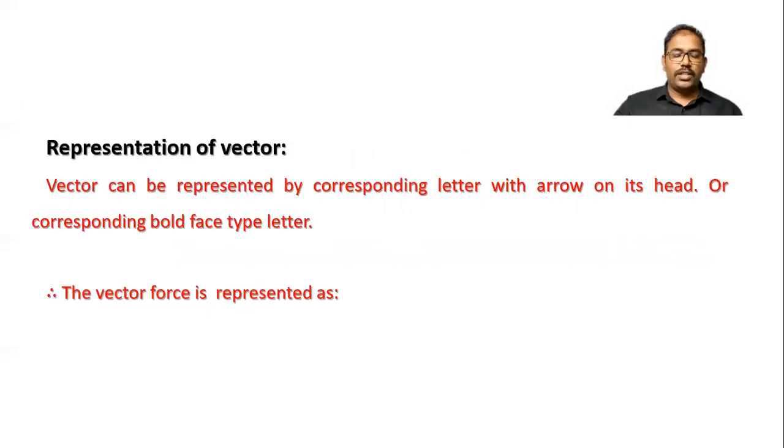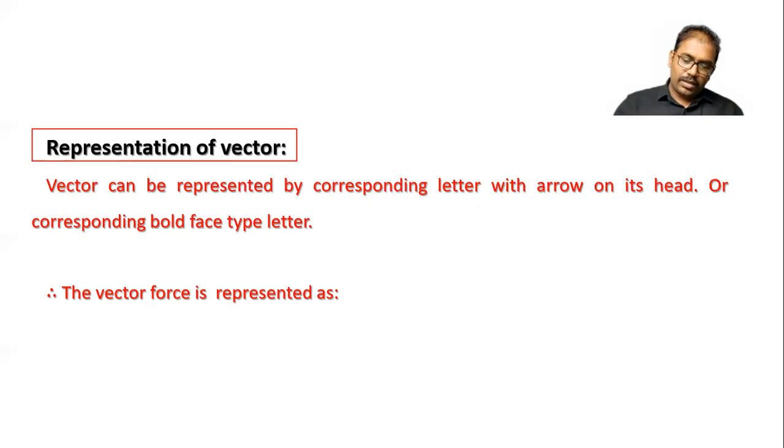Now, representation of vectors, very important. How can we represent a vector? A vector can be represented by the corresponding letter with an arrow on its head, like this, or by the corresponding bold face type letter.